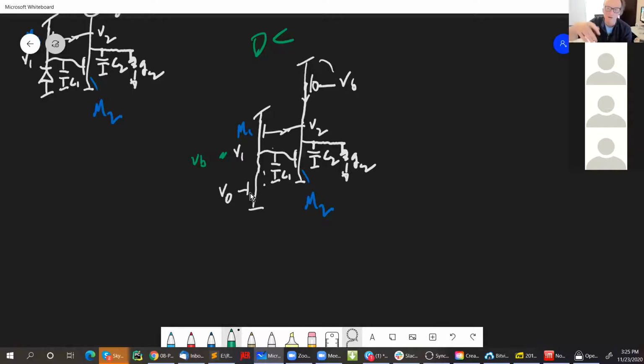I don't mean VB being like 3 volts. I mean VB is like 0.7 volts. Say it's turned on by 0.7 volts. So let's make it explicit. If VB is 0.7 volts from VDD, then what's V1? It must be about 0.7 volts from ground too, right? Because otherwise this transistor down here, M2, wouldn't be on the proper amount to sink the VB current. So now we know what V1 is. Okay, so V1 is 0.7.